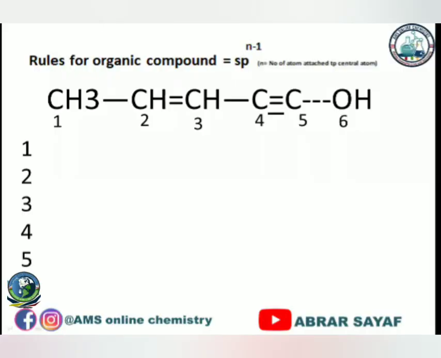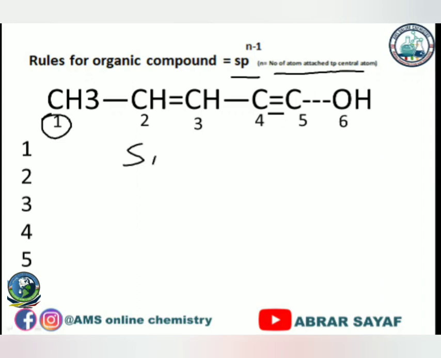Okay, now let us use another formula, which is Sgn minus 1. The n is the number of atoms attached to the central atom, which is mostly carbon in organic compounds, and you can use this formula mostly for organic compounds. Let us find out the hybridization of carbon number 1.